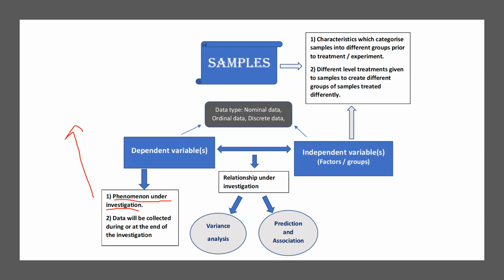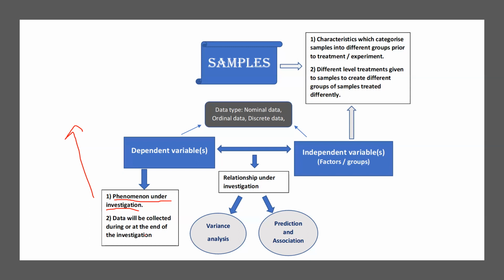Look at the characteristics that will categorize your sample into different groups. The characteristics that can be used to put your samples into different groups will be your independent variable. So that's the first way to note the independent variable.